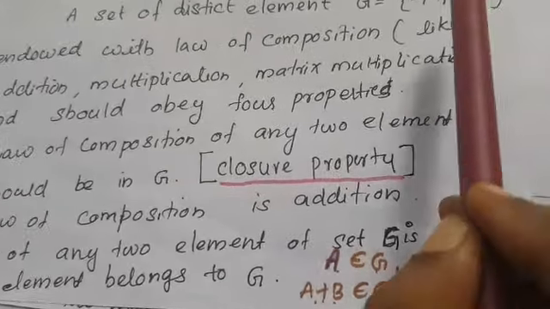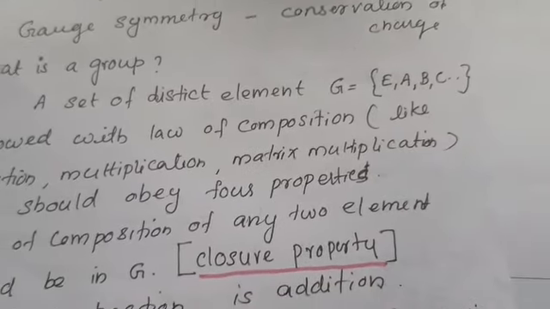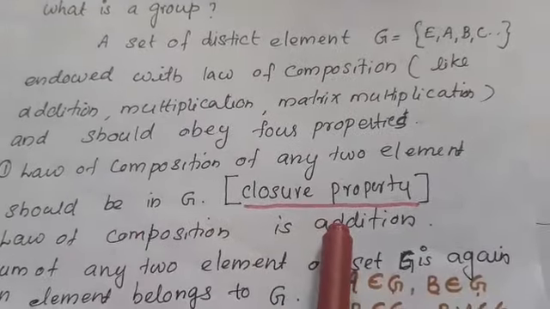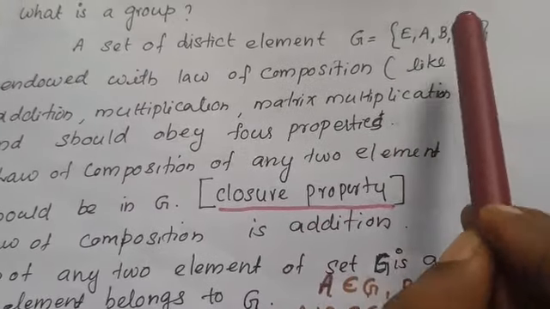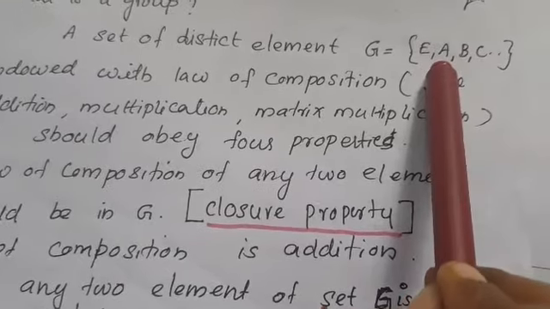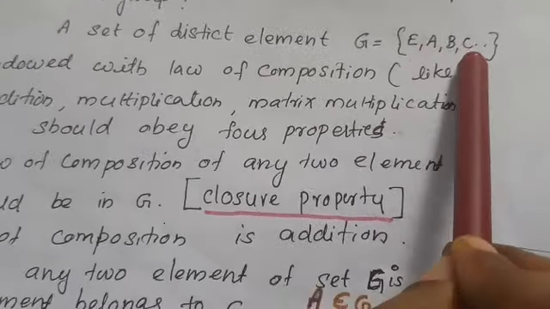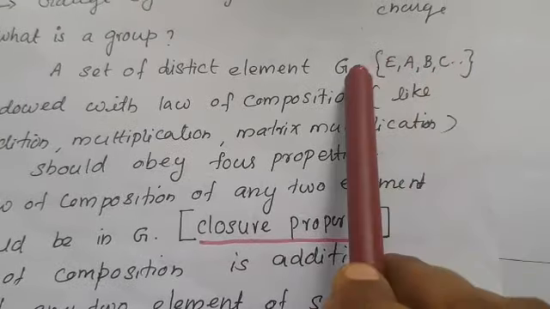If A and B are two members of the set, then A plus B should be a member of the set G.